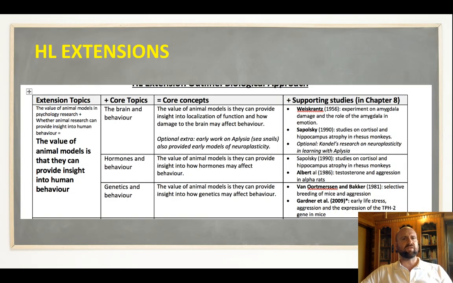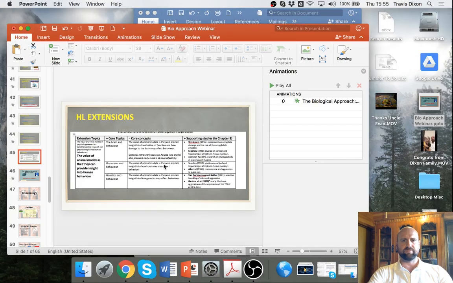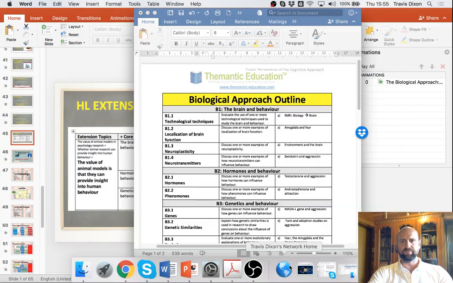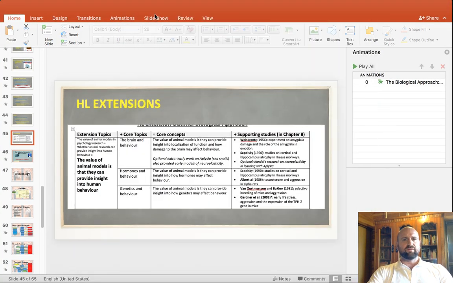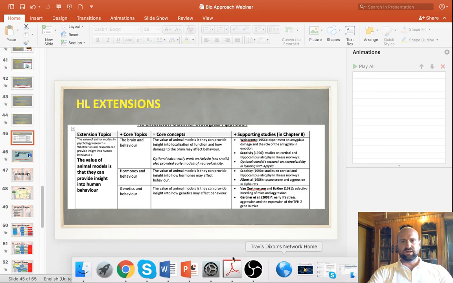Okay, the high-level extensions, I'll have a whole other slide where I go over this. And actually, while I'm here, let me just bring up the revision book, which has something that looks like this.